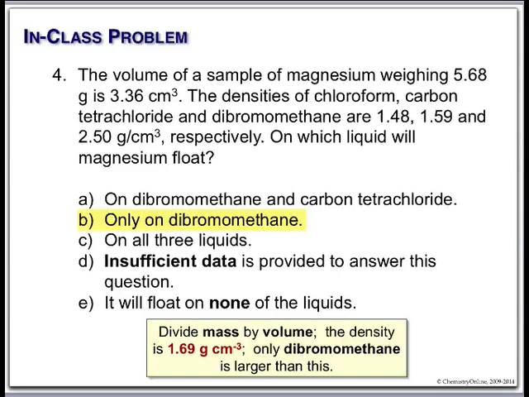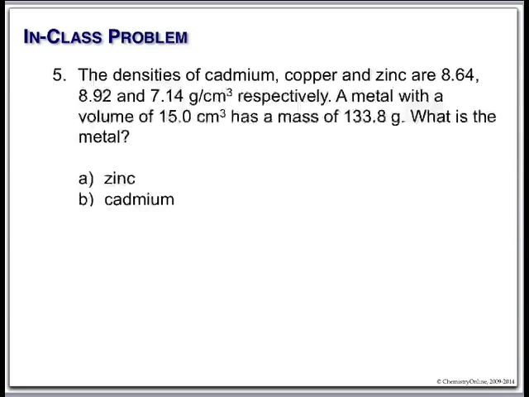We are given densities of cadmium, copper, and zinc. We have an unknown with a volume of 15 cubic centimeters and a mass of 133. What is it? It's one of those three. How do you calculate your density?